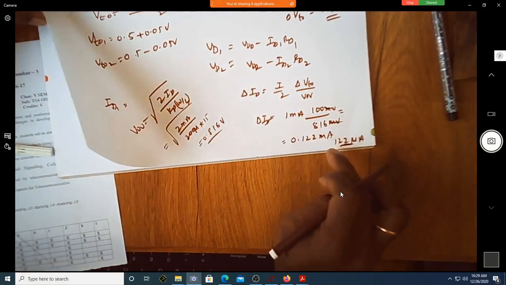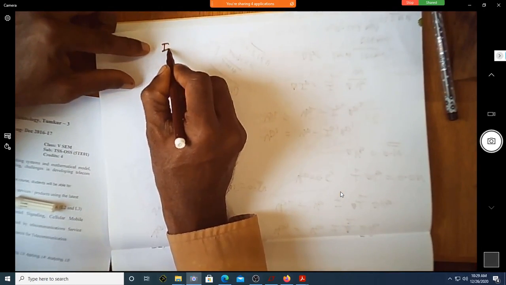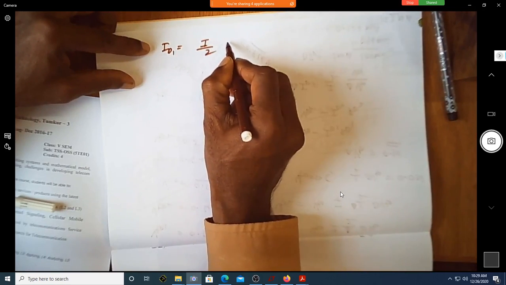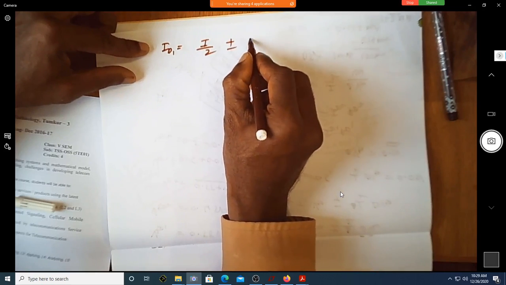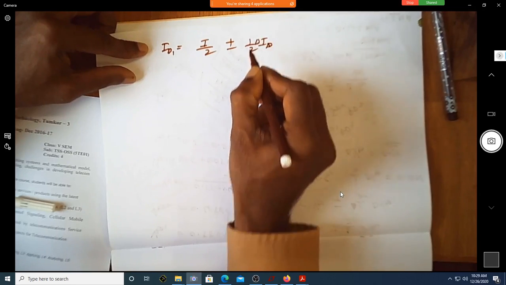This is delta ID. What are you looking at? ID1 is equal to I by 2 plus or minus half of delta ID, correct?